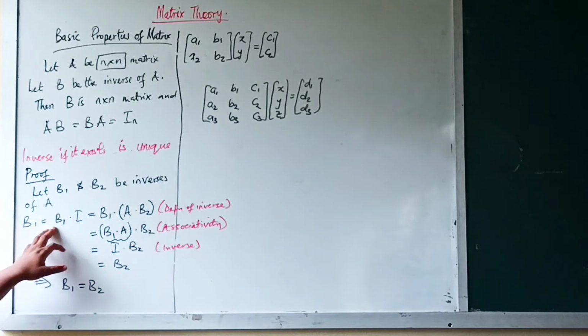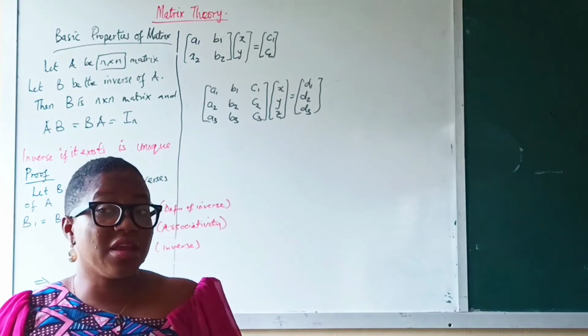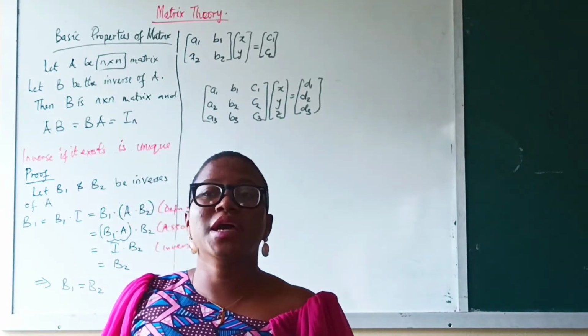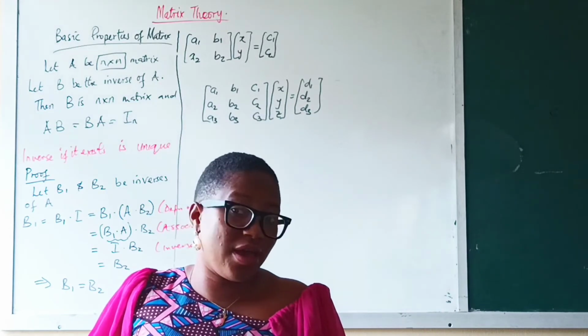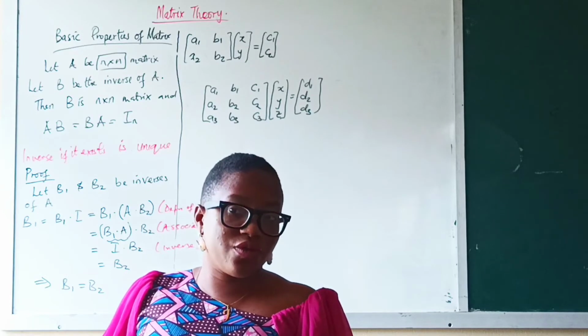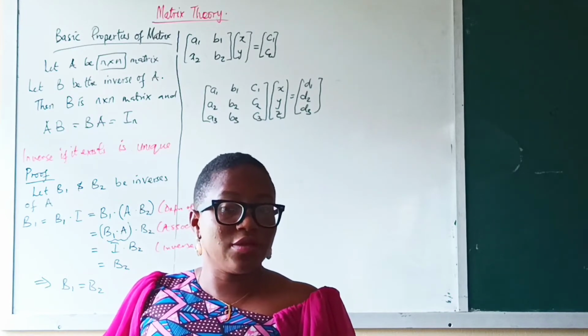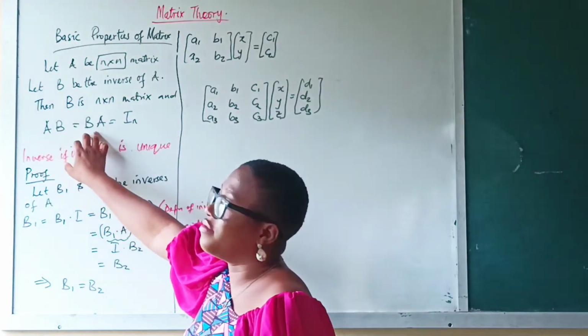If I have any matrix in the world, maybe an n by n matrix, and I multiply it with the identity matrix, it will always give you that matrix. What I have is AB and the identity.